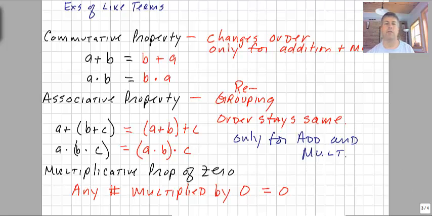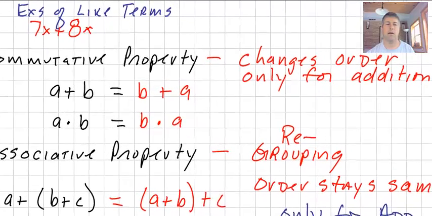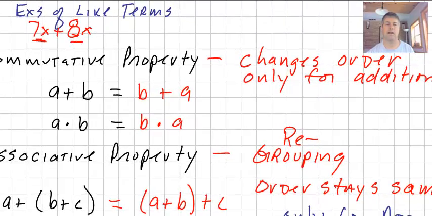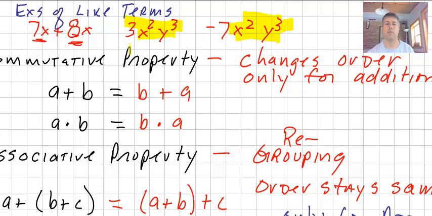Some examples of like terms would be things like 7x plus 8x. The 7x and the 8x are like terms. 3x squared y cubed and negative 7x squared y cubed. Now these are like terms because they have the same variables with the same exponents on those variables.